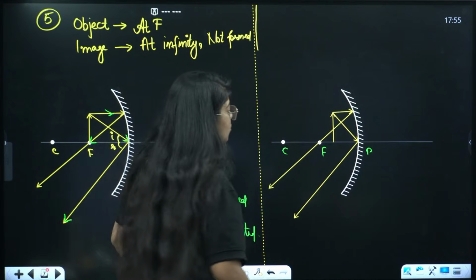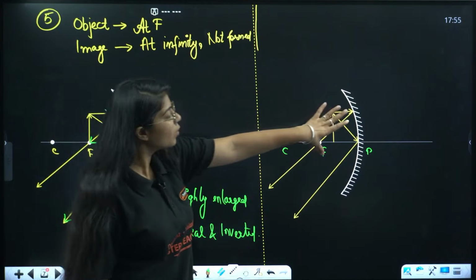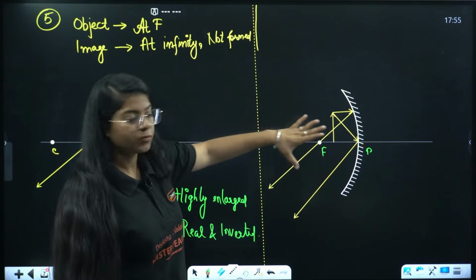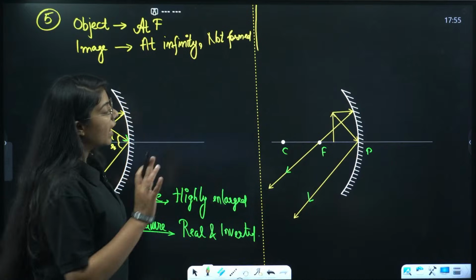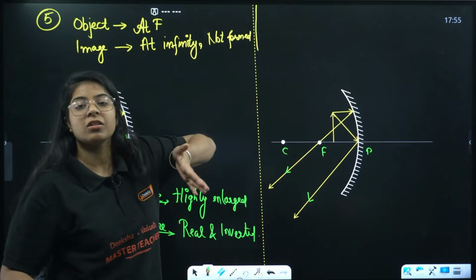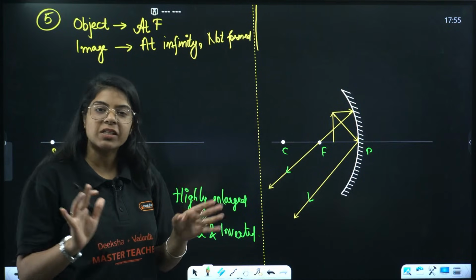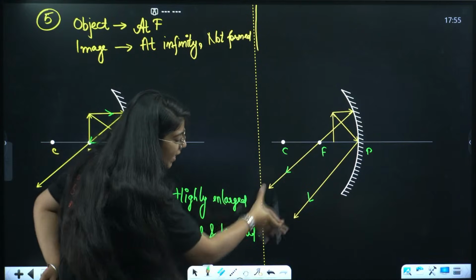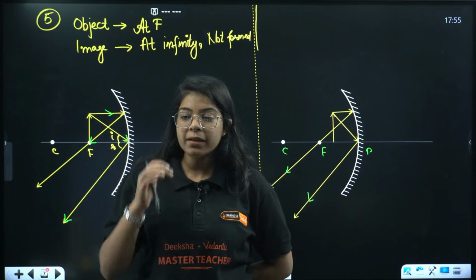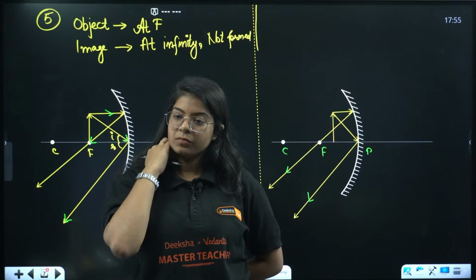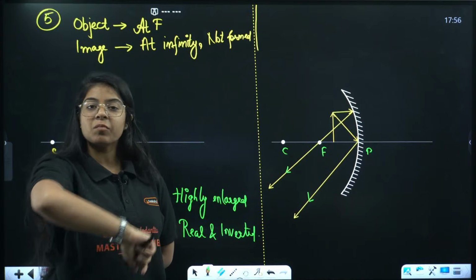Okay, so now what exactly happens here? See what is happening if you carefully study these two rays. Which rays? The reflected ones. This one and this one. Okay? If you carefully study, these are going away from each other, and if they are going away from each other, there is no chance on earth that they will ever meet. Right? In the direction they are going, there is no chance that they will ever meet. Now what we have to do, but we can clearly see the images being formed.